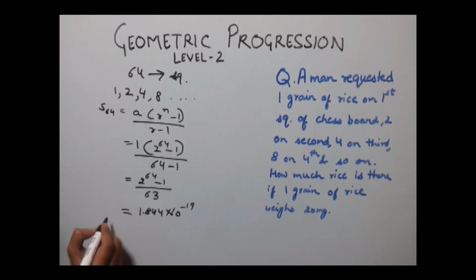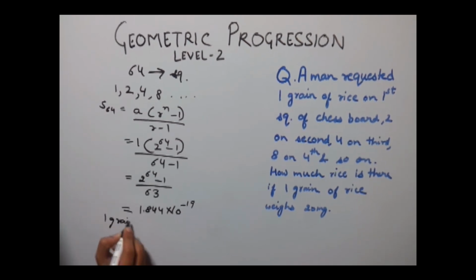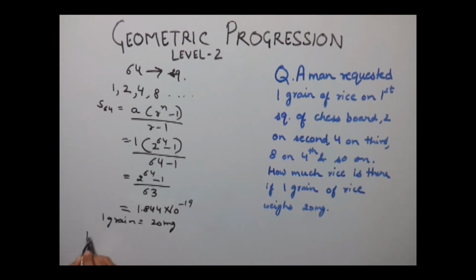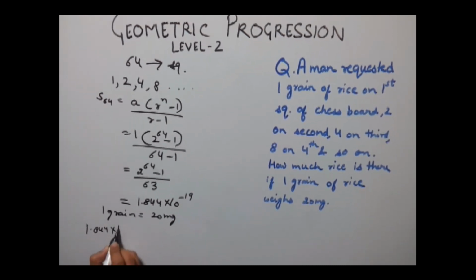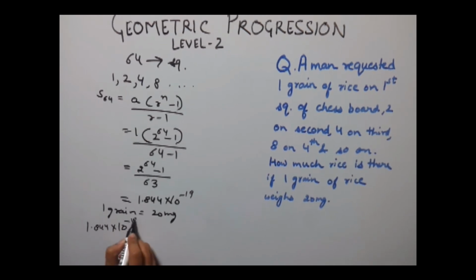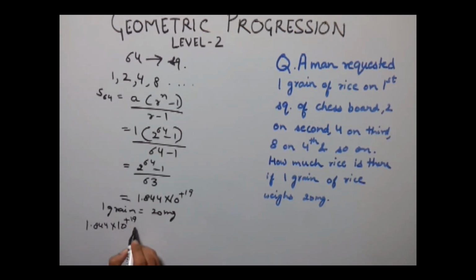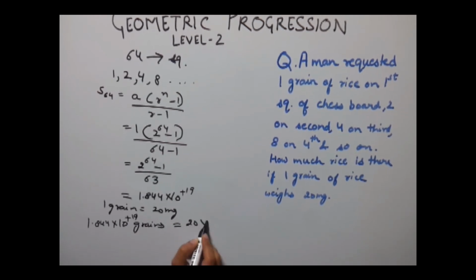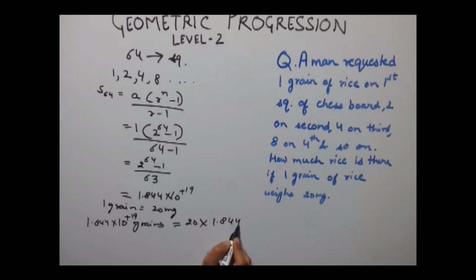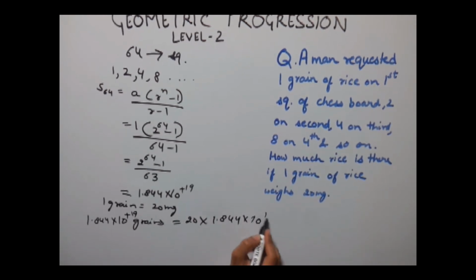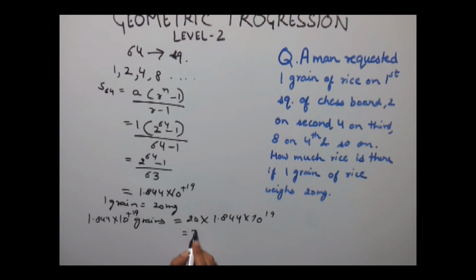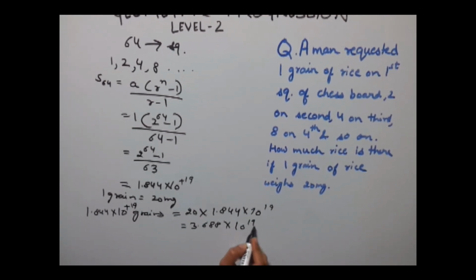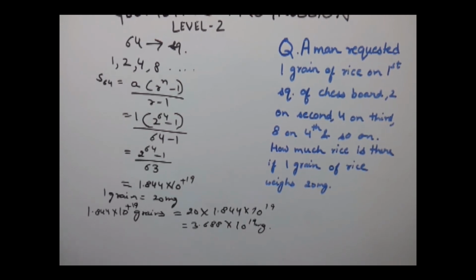Now 1 grain weighs 20 milligrams, so 1.844 into 10 to the power 19 grains will weigh 20 into 1.844 into 10 to the power 19, which will give us 3.688 into 10 to the power 20 milligrams as the answer.